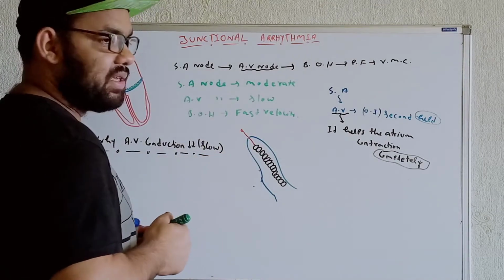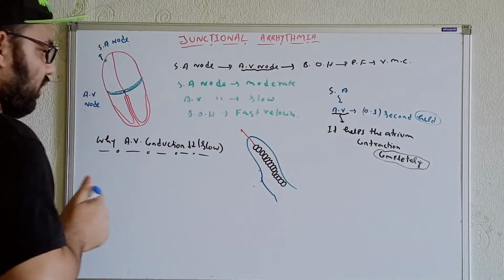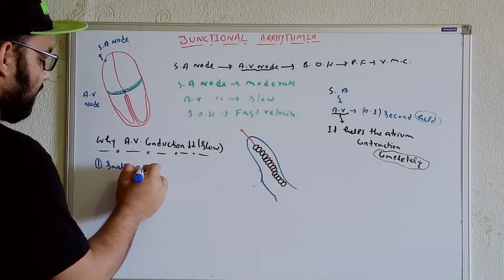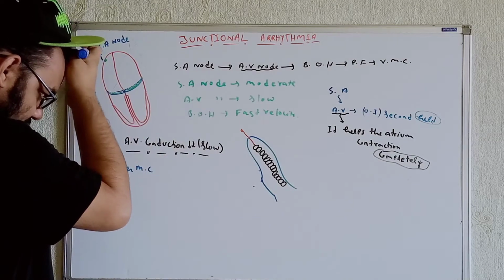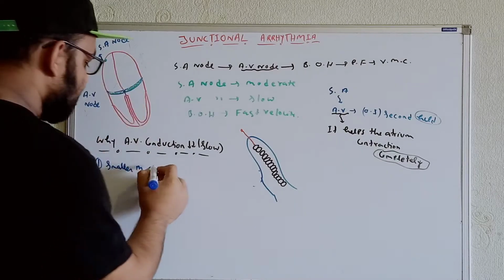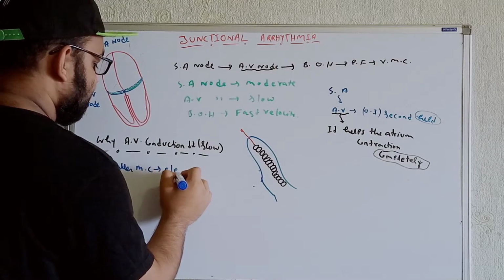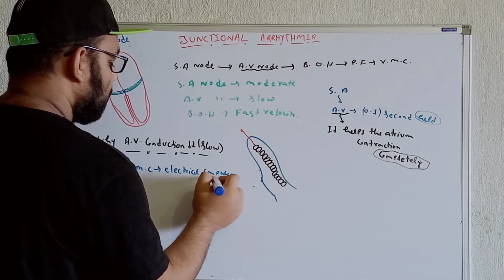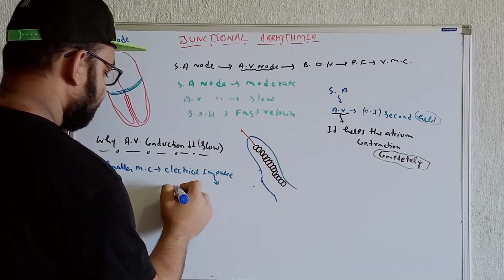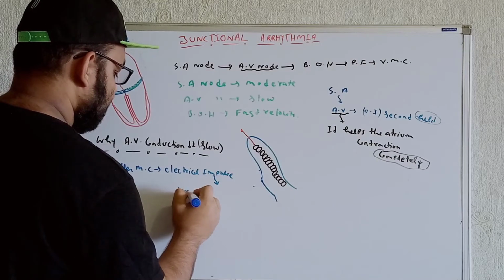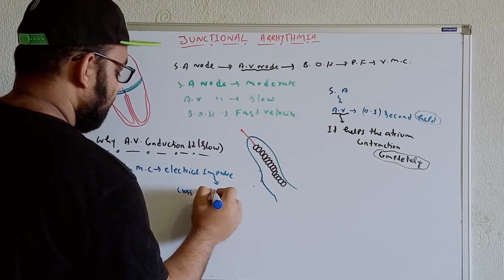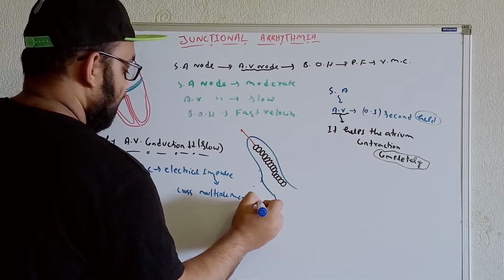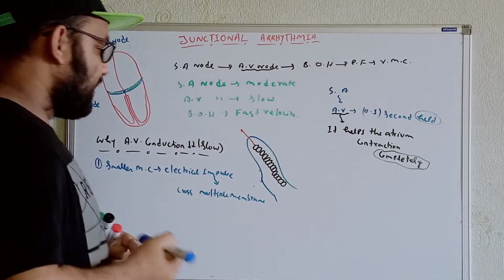So the first thing we can write over here: for having smaller size, smaller myocardial cells, the electrical or cardiac impulse needs to cross multiple membranes. That is one reason. Whenever it needs to cross multiple membranes, definitely the contraction will be slower over here.